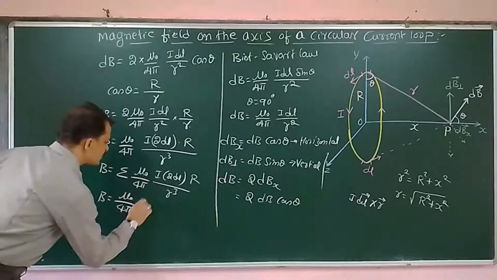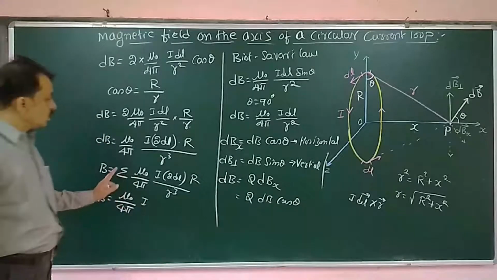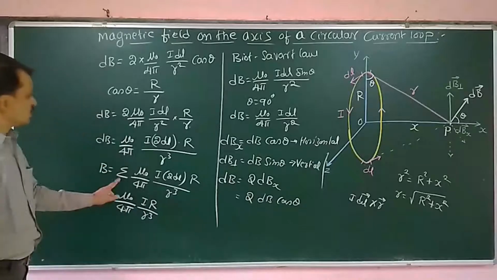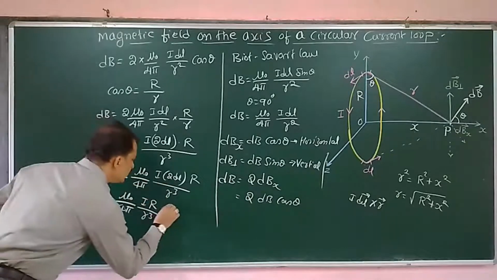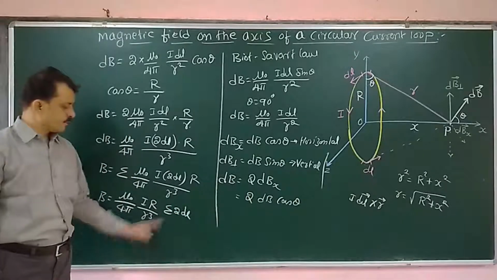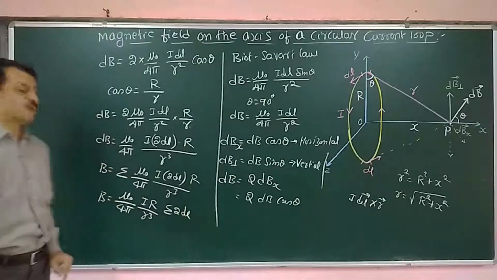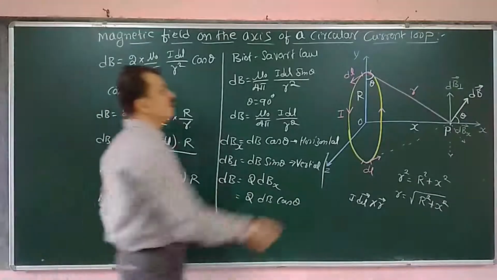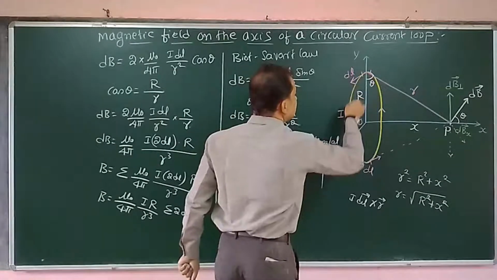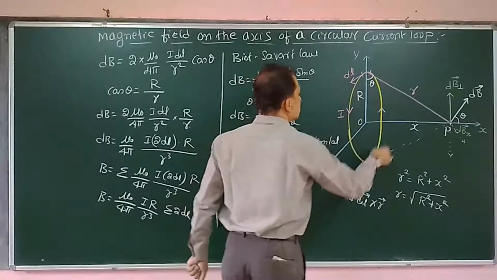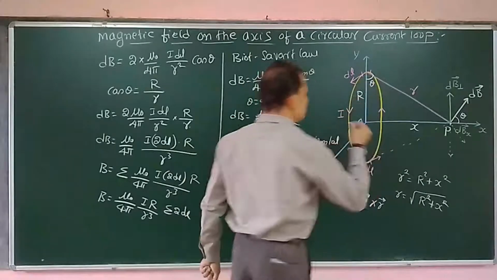Now I is a constant, and R and r cube are taken out. Now summation is applied only for 2 dl. Sigma 2 dl is nothing but the total length of the circular loop.